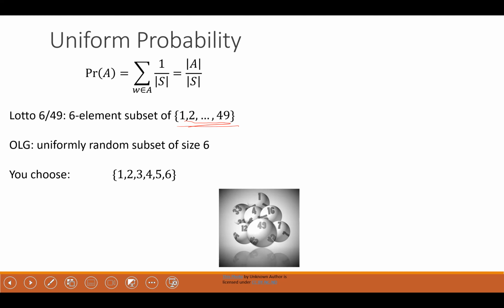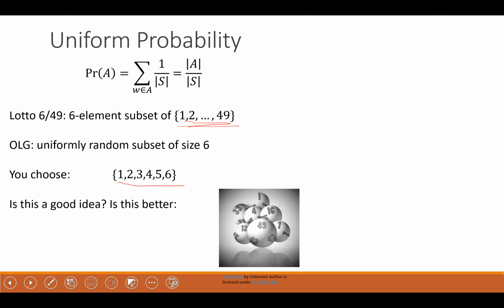So now, of course, if we're playing the lottery, we're going to choose 6 numbers for ourselves. And then if these 6 numbers are the same 6 numbers that are randomly drawn, then we win millions of dollars. All right, so let's say we chose 1, 2, 3, 4, 5, 6. And we're wondering if this is a good bet or not. It doesn't feel very good, right?